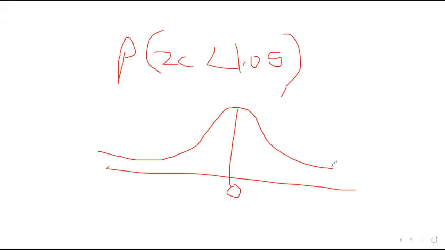So Z less than 1.05 is this whole area that you need to get.